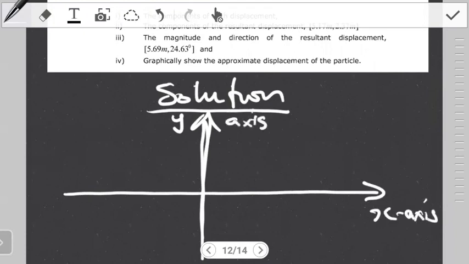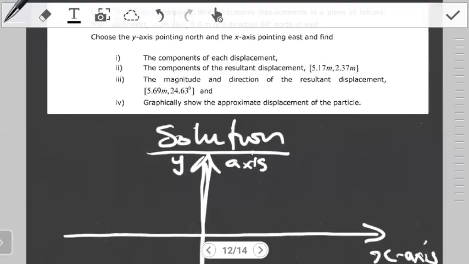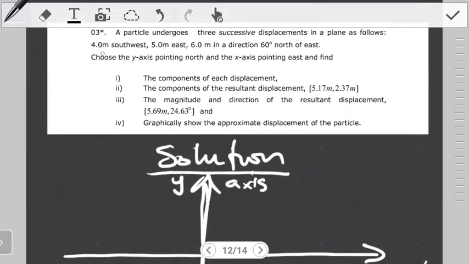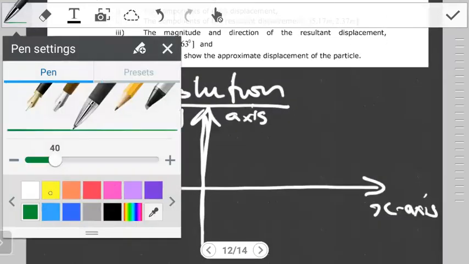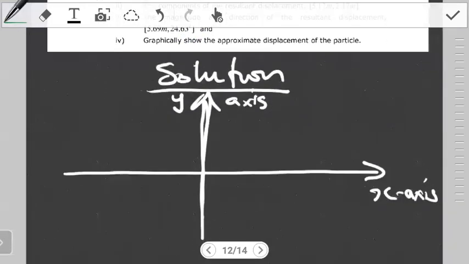Okay, so what is happening? The first vector is 4 meters southwest. So southwest, where is my southwest? The south is along the negative y-axis. So this is where my south is. So southwest is exactly midway between the south and the west.